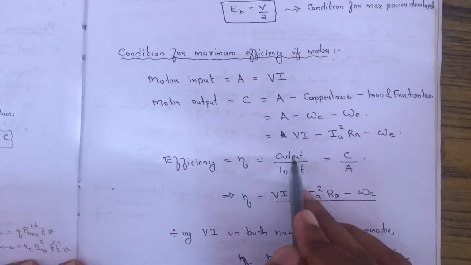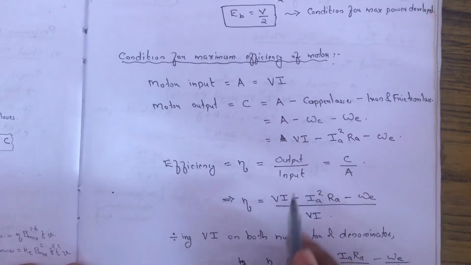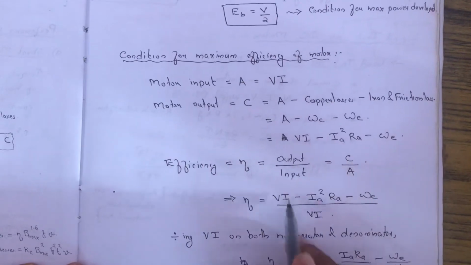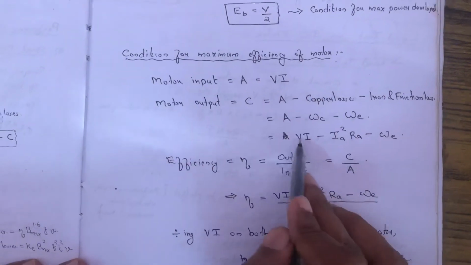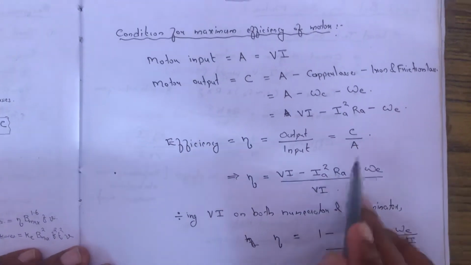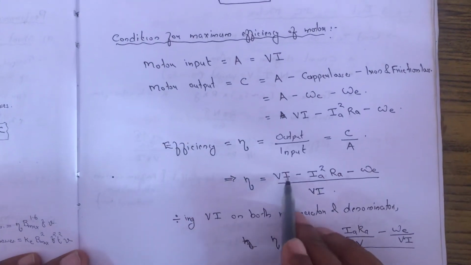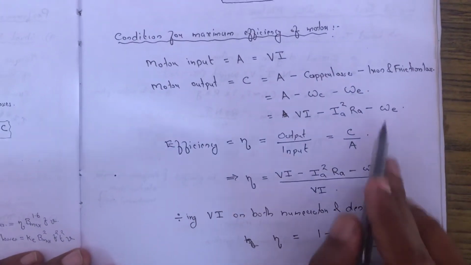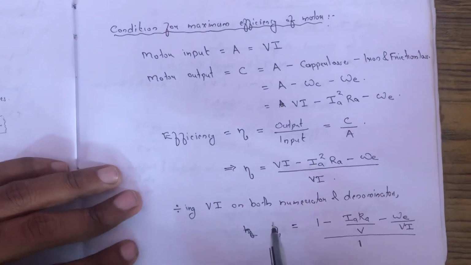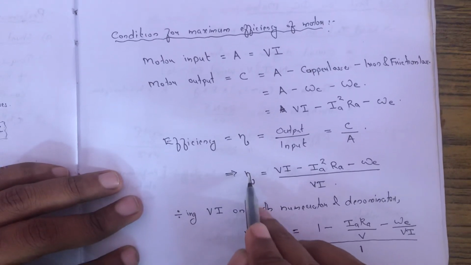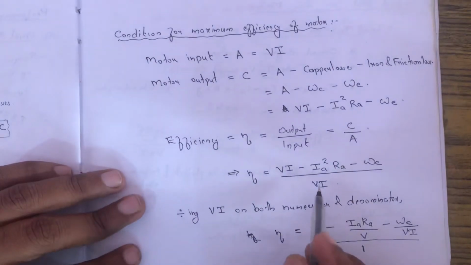Therefore efficiency is equal to output power by input power, that is stage C divided by stage A, V into I. So the efficiency is equal to VI minus IA square RA minus WE, divided by V into I. Now we have the efficiency equation and we have to derive the condition for maximum efficiency.